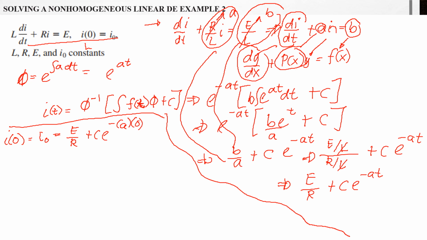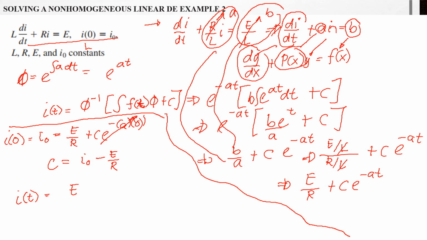A times 0 is 0, and e to the 0 is 1. So therefore your constant is equal to I sub 0 minus E over R.